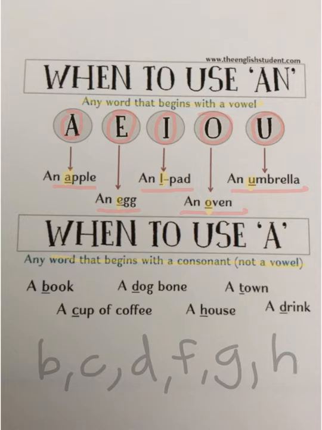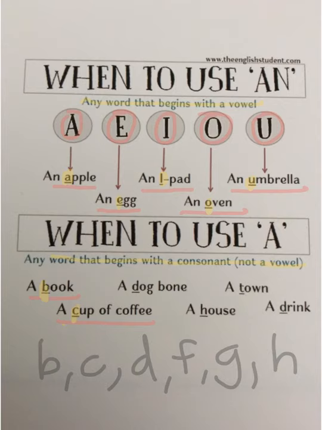So let's look at the examples they have of when to use a in a sentence. So we have a book. And do you see here, B is a consonant. It's not a vowel. The next one is a cup of coffee. And cup starts with C. That's a consonant.